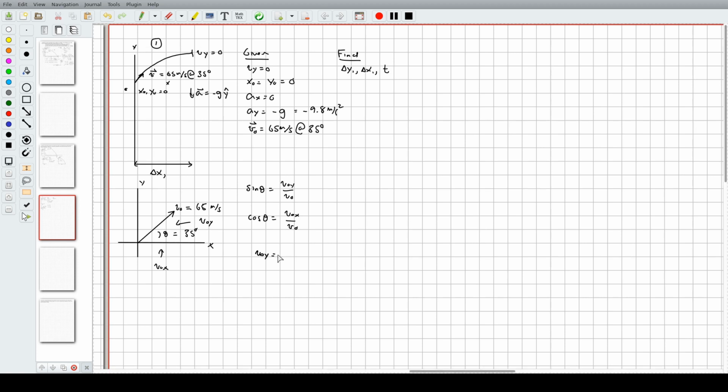V naught y is v naught times sine of theta, which would be 65 meters per second, making an angle of 35 degrees with respect to the x-axis. V naught x is going to be v naught cosine of theta, which would be 65 meters per second, making a cosine of 35 degrees. There you go. So let's just go ahead and solve this, find out what this is.